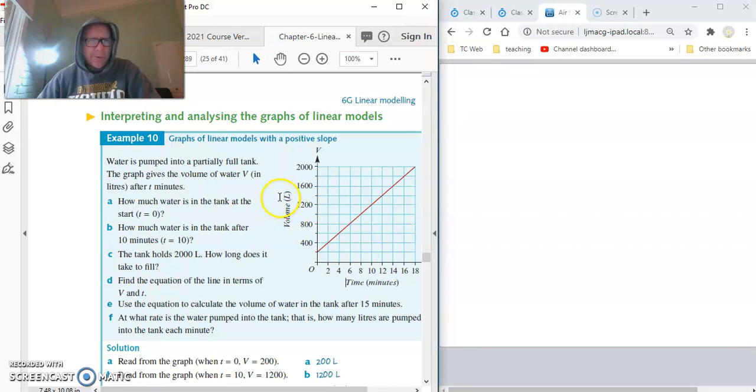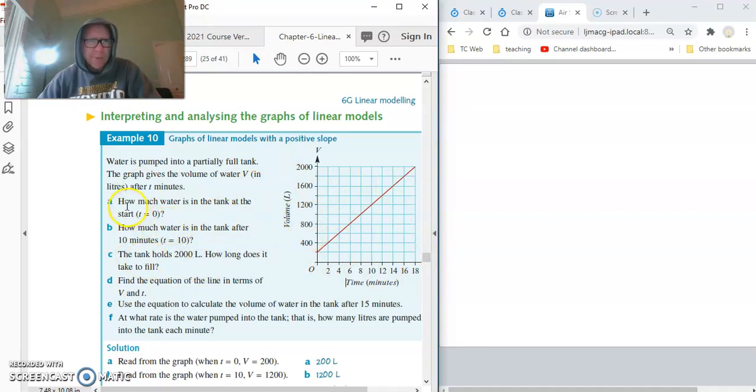So they've done what we did before. They've replaced the y with a volume. Okay, so that volume is increasing after a certain amount of minutes. So this is a scenario where they're pouring water into a tank. Once we understand that, the rest is pretty straightforward. So interpreting and using this information is what this little section is all about.